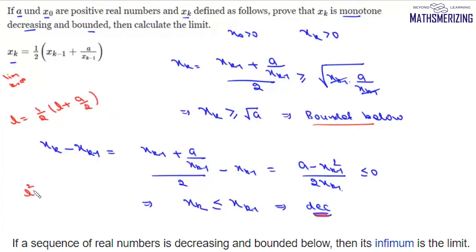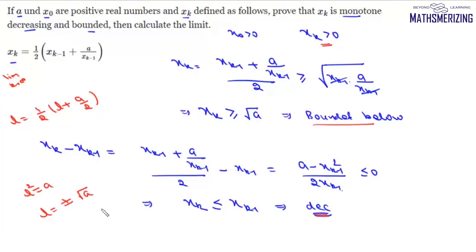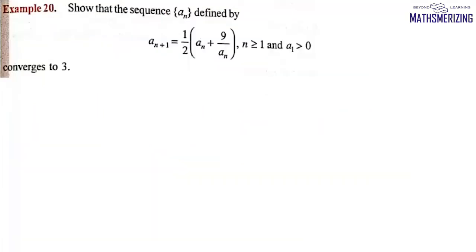That is, L square equals a, or the value of L is plus or minus under root a. Now the sequence contains positive terms, so the limit point of the sequence will be under root a. So the limit as k tends to infinity of xk will be simply under root a.